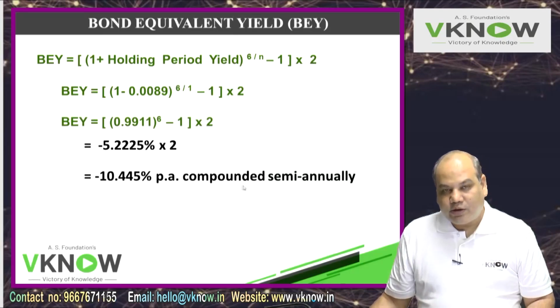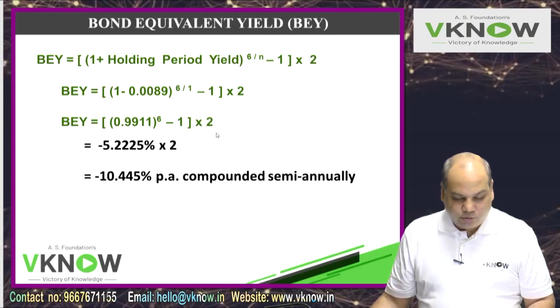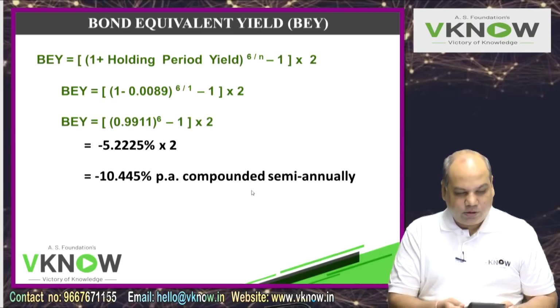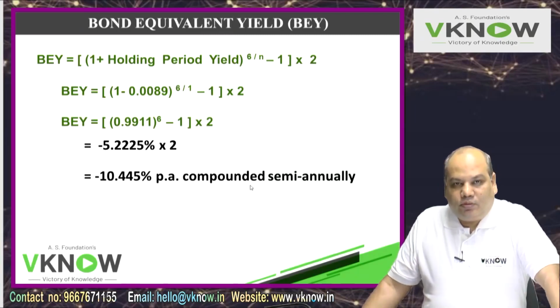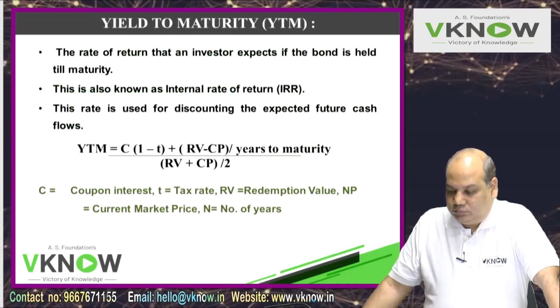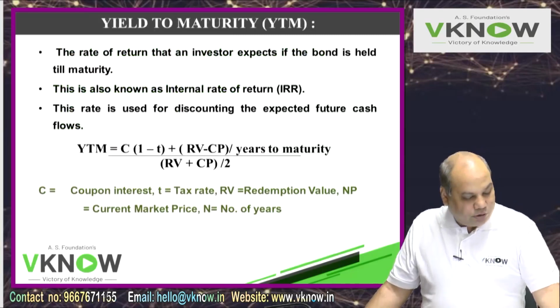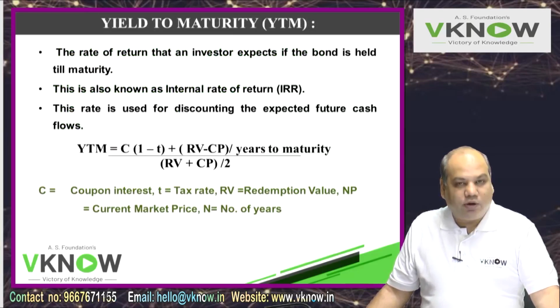And how do you present it? Compounded semi-annually, because you have multiplied by 2. So these were 2 questions on HPY, MMY, EAY, BEY.